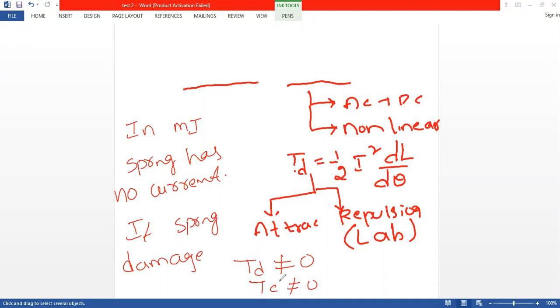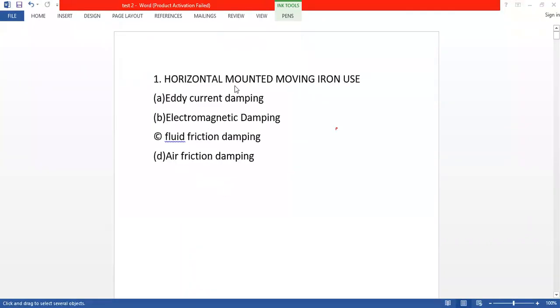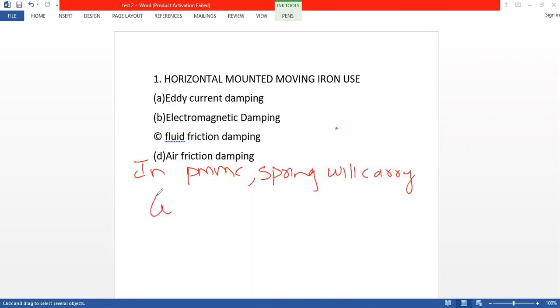Whereas in PMMC, the spring will carry current.